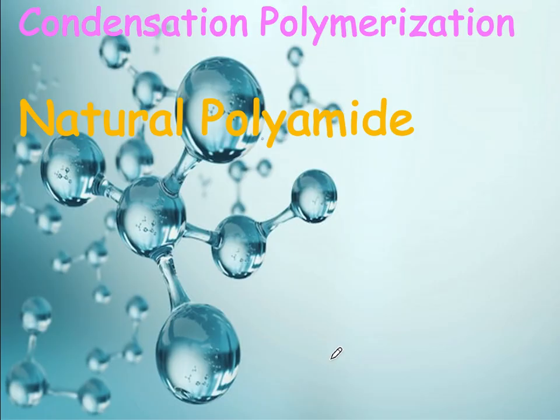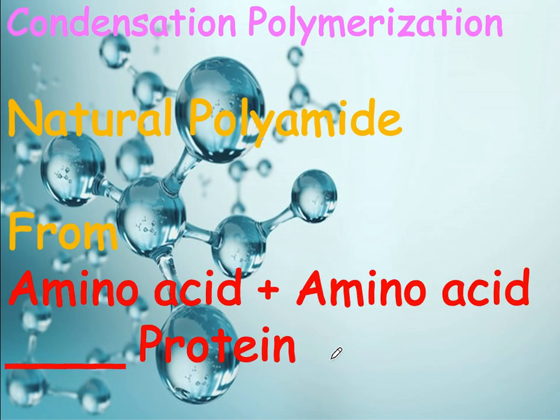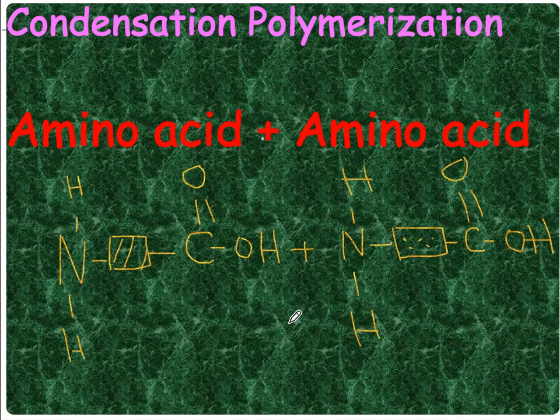Then we have a natural polyamide. It's also a condensation polymerization. It is from amino acids. An amino acid will react with another amino acid to form a protein. We call this a natural polyamide.